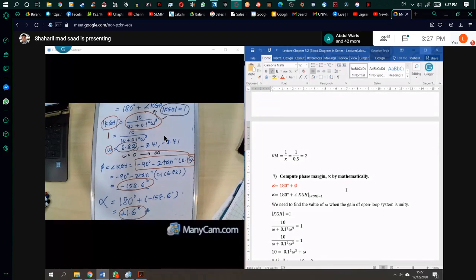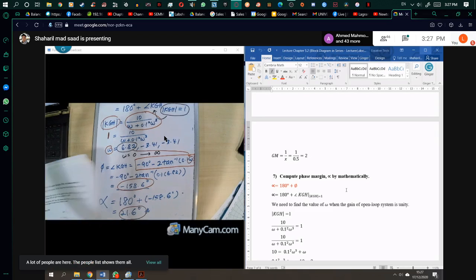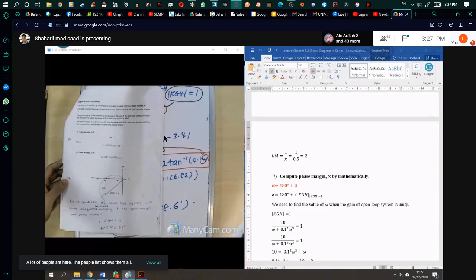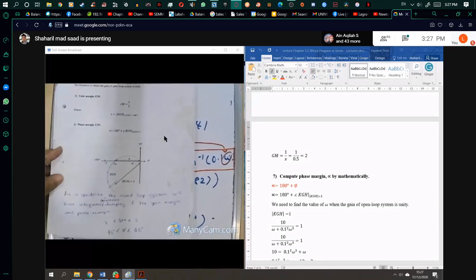So what we have learned so far, we have learned how to plot the Nyquist diagram on the polar plot. From that one we can see whether our system is stable or not. So if your Nyquist diagram is less than 1, that means your system is stable. And how much the stability of your system, we can look at from here.